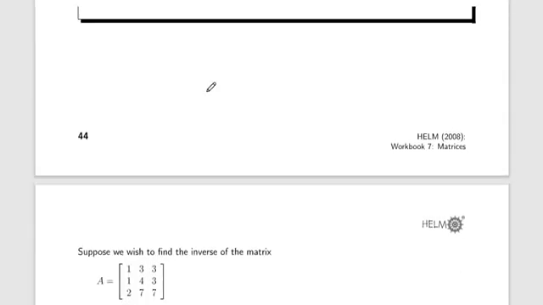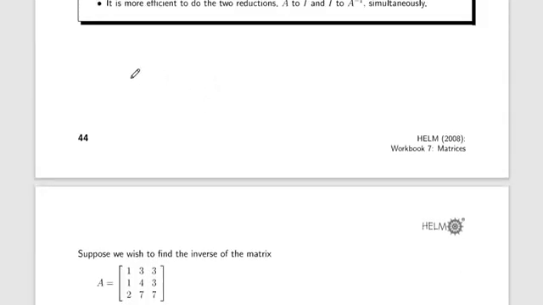So if you want to find the inverse, how do we find it? We will always know that A into A inverse gives the identity matrix. So in Gauss-Jordan elimination, we will transform A matrix into the identity matrix.